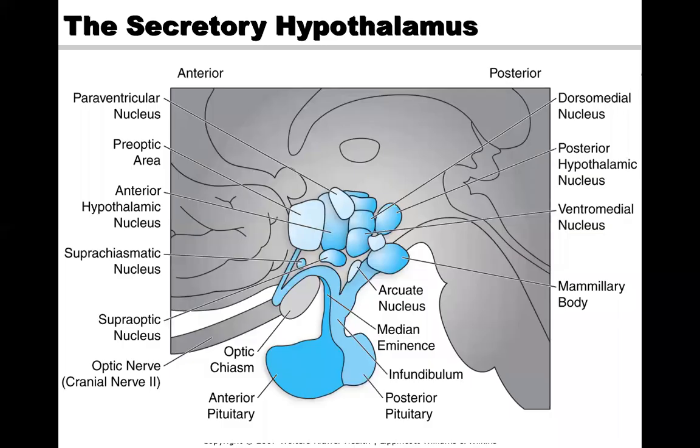So going forward, before we jump into how the hypothalamus controls, let's review a little bit about the functions of the hypothalamus. Number one, it is a master control of the autonomic nervous system.